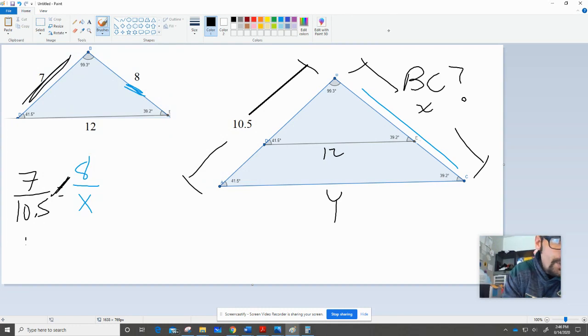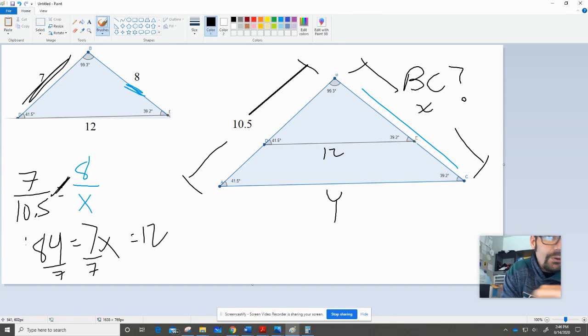It's 84. 7 times X, 7X. And then we can solve for X by dividing by 7, and 84 divided by 7 gives us 12. So the whole length of this BC right here is 12.